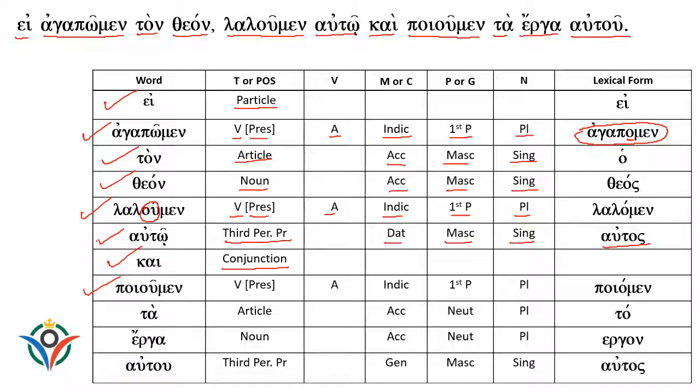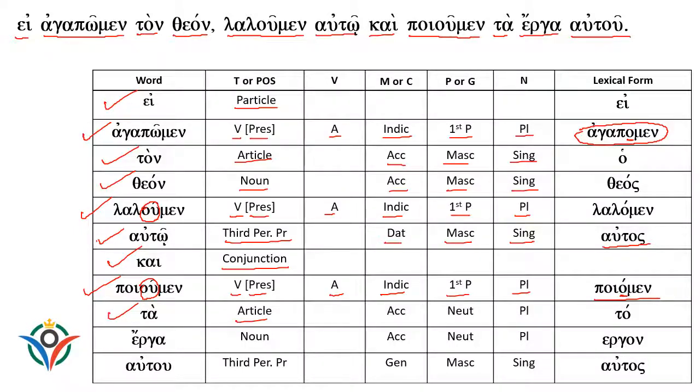Then we have poiumen, also a contraction has taken place there. It's a verb, present, active, indicative, first person plural. There's a lexical form showing you that the omicron was the contract vowel, and this means we are doing or we are making. Then we have ta, which is an article.